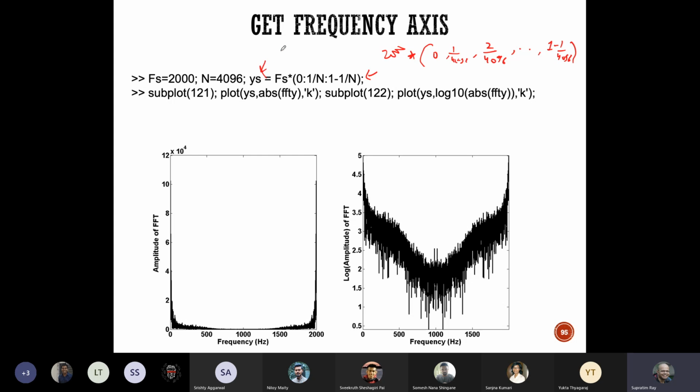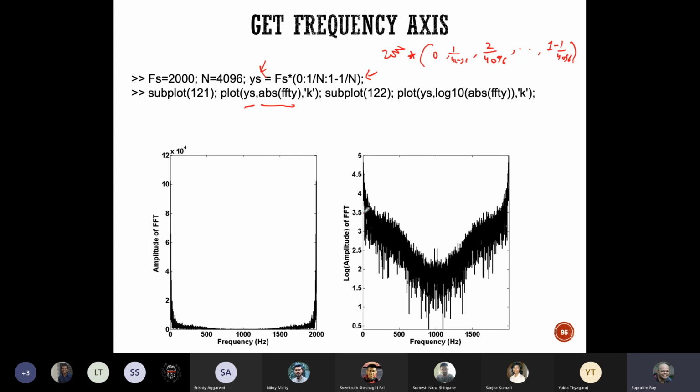That's this function. So now if I plot YS and abs FFT Y, this one is just giving you the samples between 0 and, what each sample means in terms of frequency. I'm getting the values between 0 and 2 kilohertz.